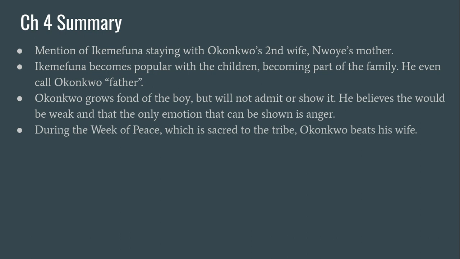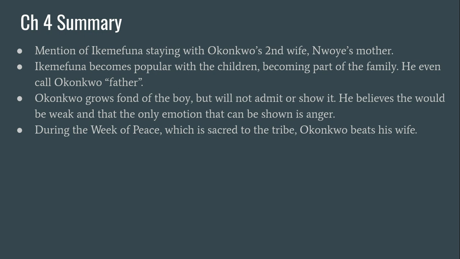And so here, during the week of peace, which is a time of absolutely no arguing, no war, no hurting each other, nothing of that nature, and is supposed to be really sacred to their tribe, it's the week before they're supposed to get going on their planting and harvest.